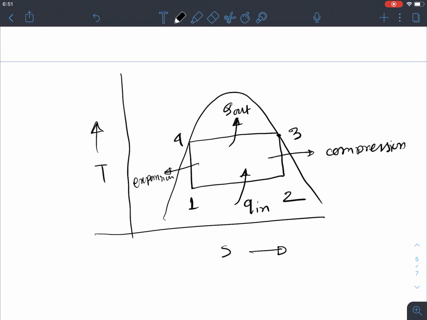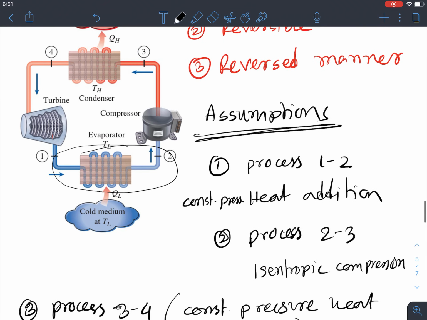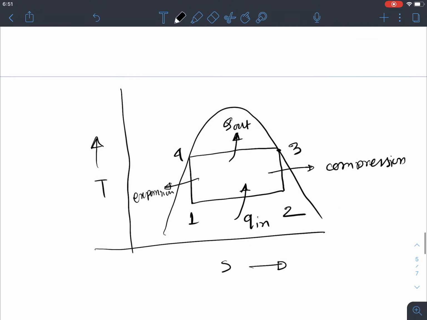Now, what is the limitation of this ideal cycle? So the first limitation, you can see that the compressor input is the liquid vapor mixture in the 2 to 3 process, right, which is not possible.